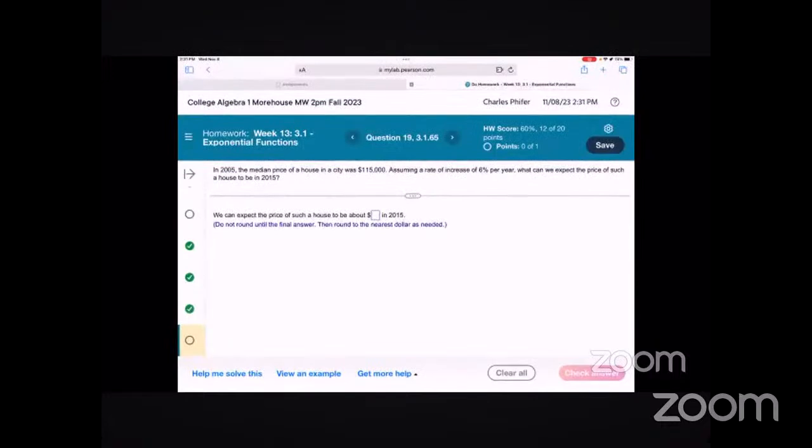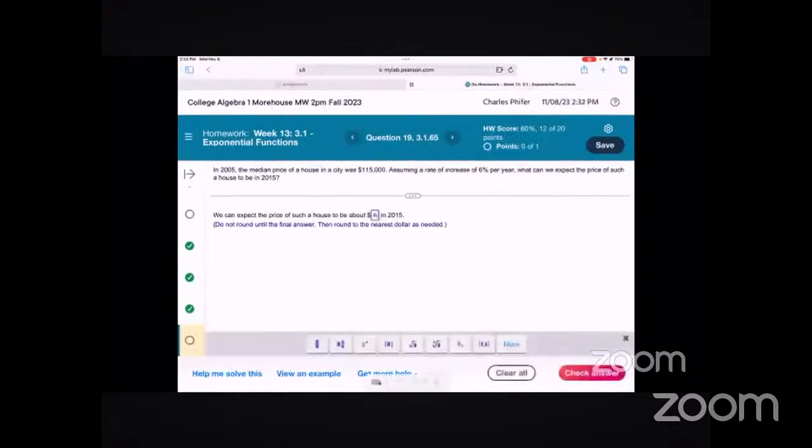We must be talking exponential growth, like PERT. So I'm going to use the PERT formula: A equals P e to the RT. And I know PERT is continuous, but exponential growth is essentially the same formula. It's just articulated a little bit differently.